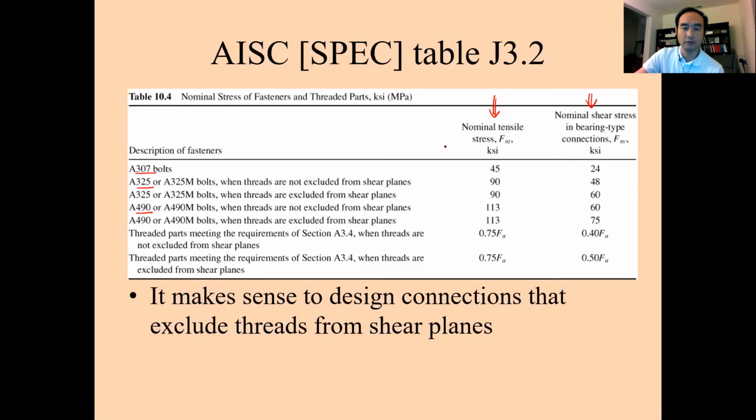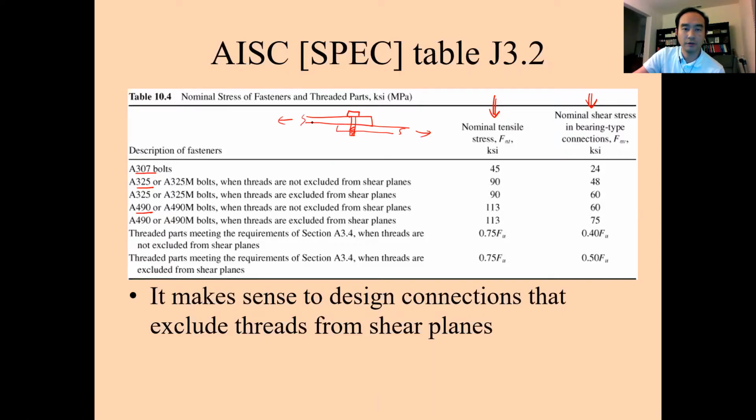So for example, let's say here we have a single shear case and we apply the shear forces, and this is the bolted connection. Let's say the threads are only here. That means the threaded portions are excluded from the shear plane.